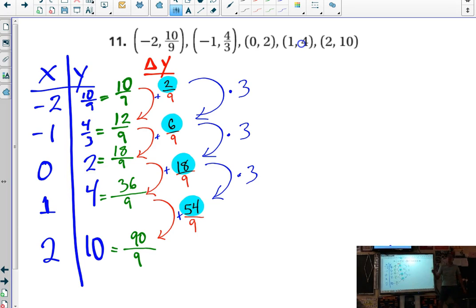It's not that the output is tripling. It's that the change of the output is tripling. When we see that the change of the output is a multiplication, that tells me this is going to be an exponential function.